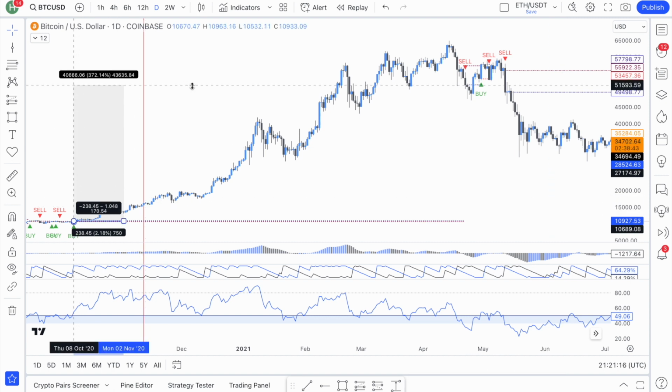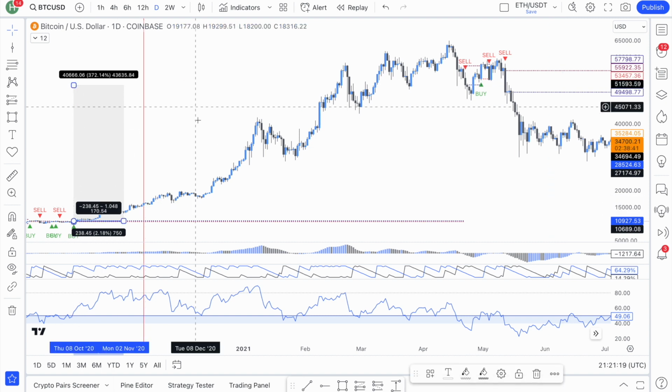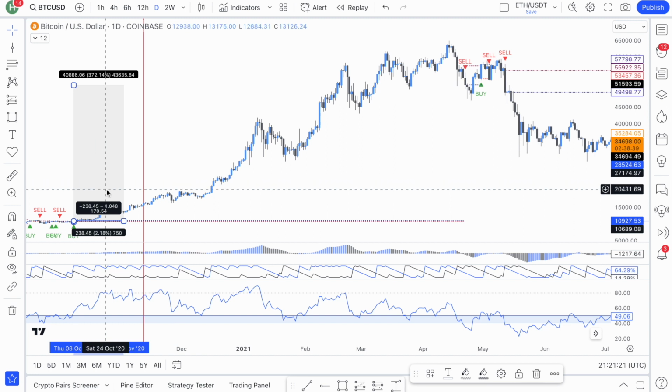If I would have held all the way to the entry of the next one, you would have had 170R. So just keep that in mind. Honestly, I can't advertise that according to the spreadsheet because that's not how I take profits on swing trades. But as far as a hold, that's amazing.